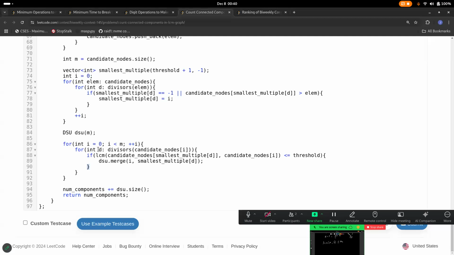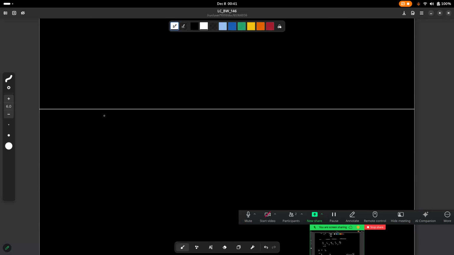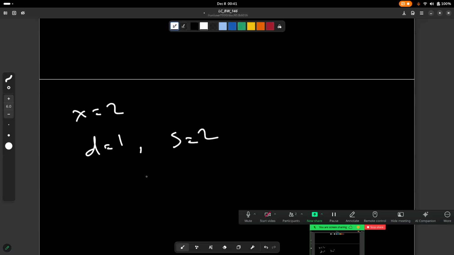So over here, what we're doing is iterating over all the nodes, iterating over all the divisors, and trying to join the current node with the smallest multiple of this d. If it is, we call dsu.merge. So let's just iterate over this thing. For x equal to 2, for d equal to 1, s is equal to 2, the LCM of 2 and 2 is 2, which is less than or equal to threshold.